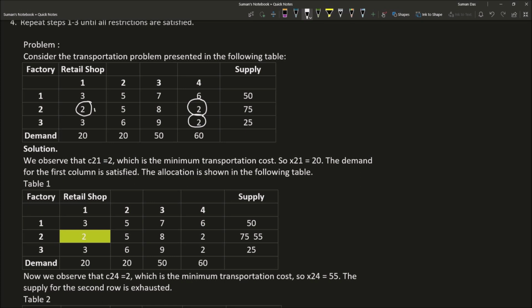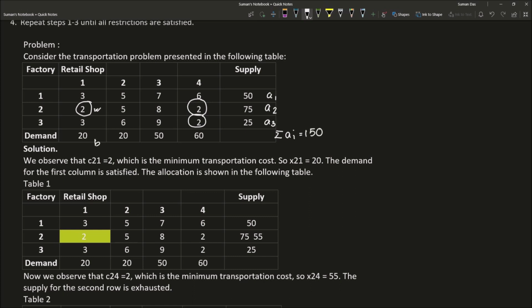Let us suppose we are choosing that one, but before each and every process, at first we have to check whether the demand and supply summations are equal or not. Suppose that one is A1, that one is A2, that one is A3, and if we proceed, we get the summation of Ai is equal to 150.